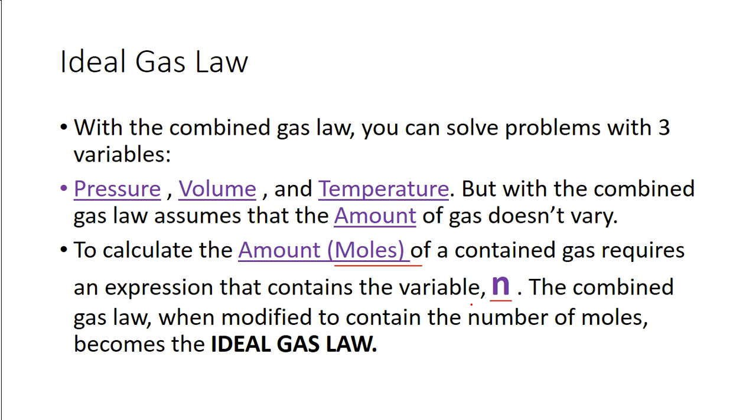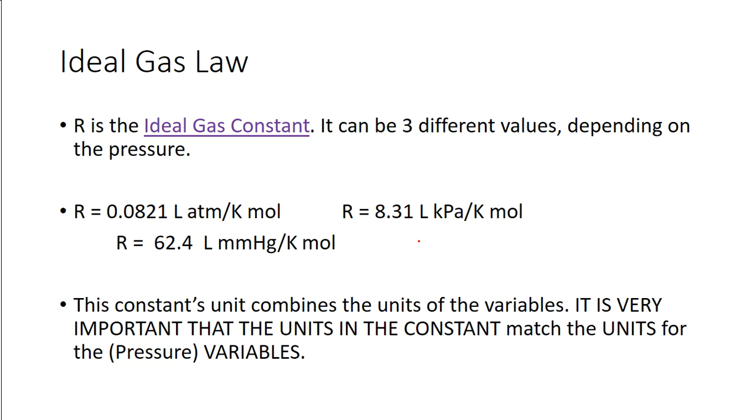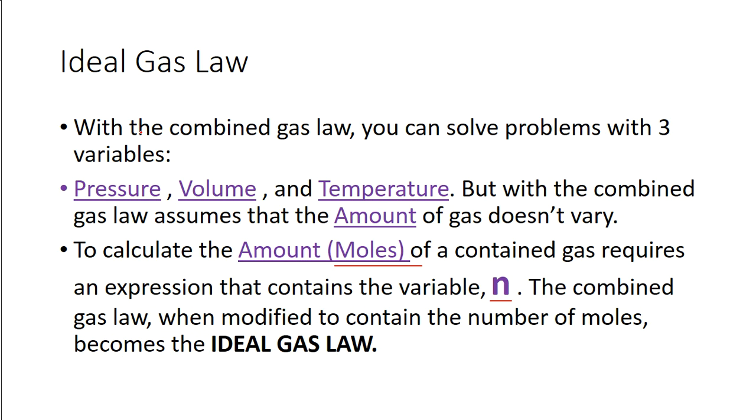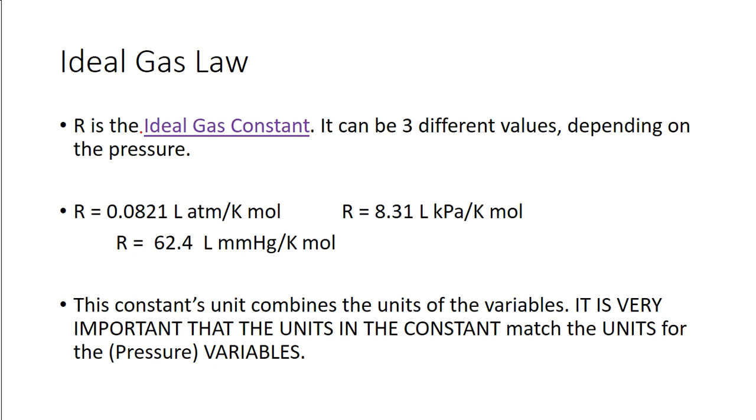So the combined gas law, when modified to contain the number of moles, becomes the ideal gas law. And the ideal gas law is, I'll do it over here, PV equals nRT.